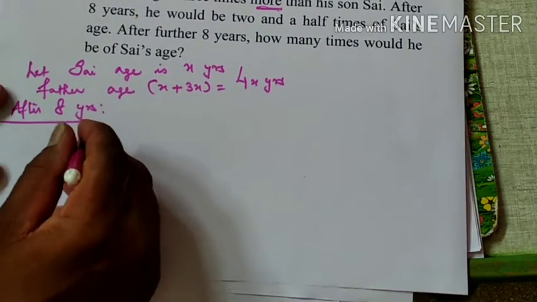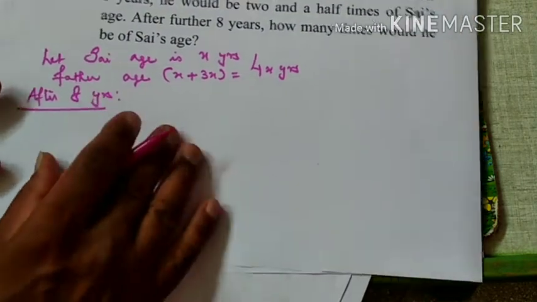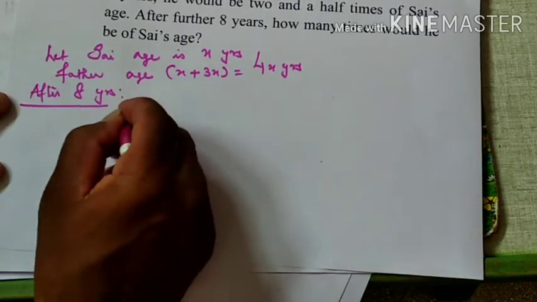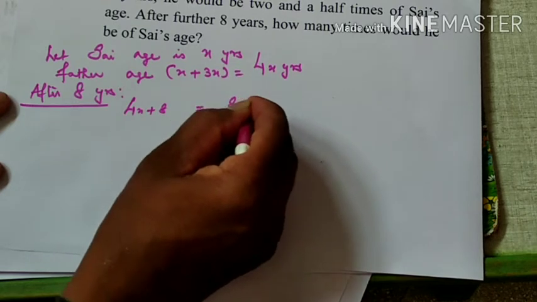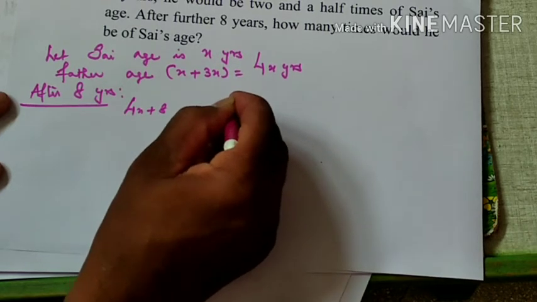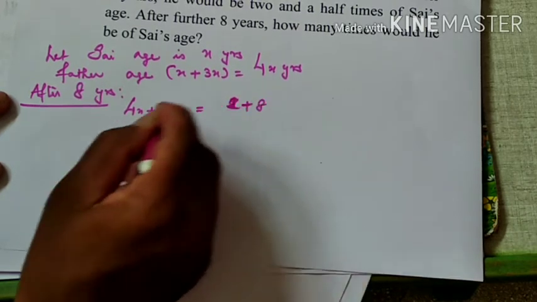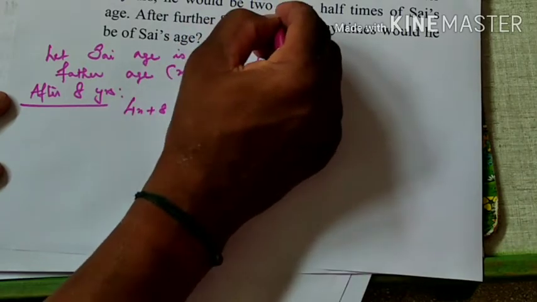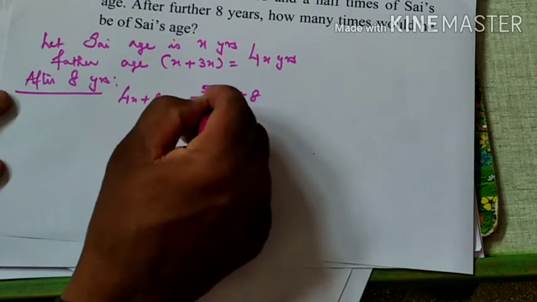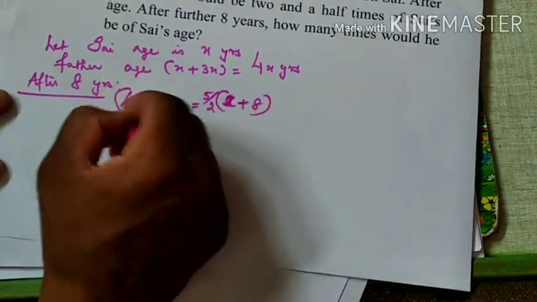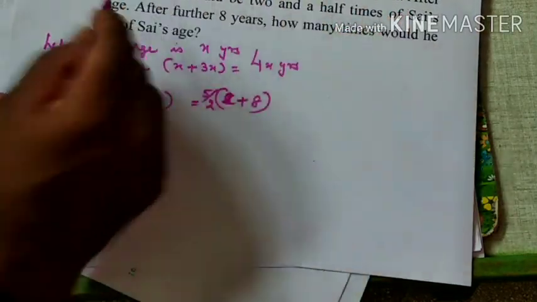Therefore after 8 years means we are going to add 8. So 4x plus 8 equal to x plus 8. After 8 years, he would be 2.5 times of Soy's age. 2.5 times means 5 by 2. 5 by 2 only is 2.5.